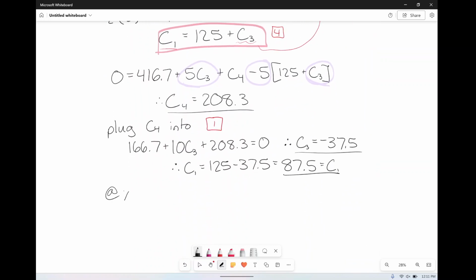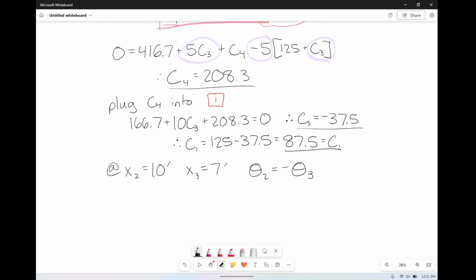So at x2 is equal to 10 feet and x3 is equal to 7 feet, my theta 2 is going to be minus my theta 3. Okay, so let's write out theta 2, our slope 2 here.